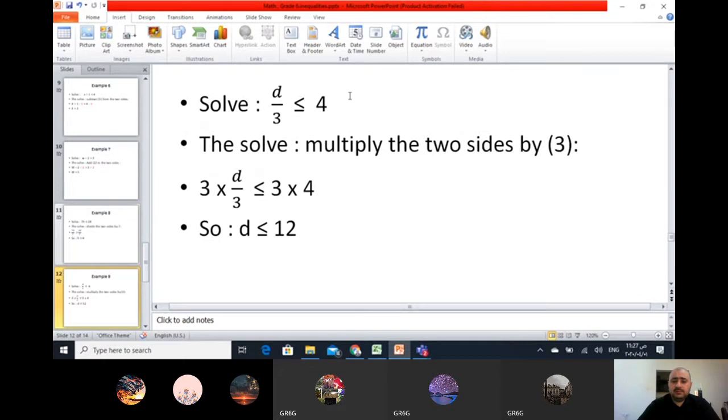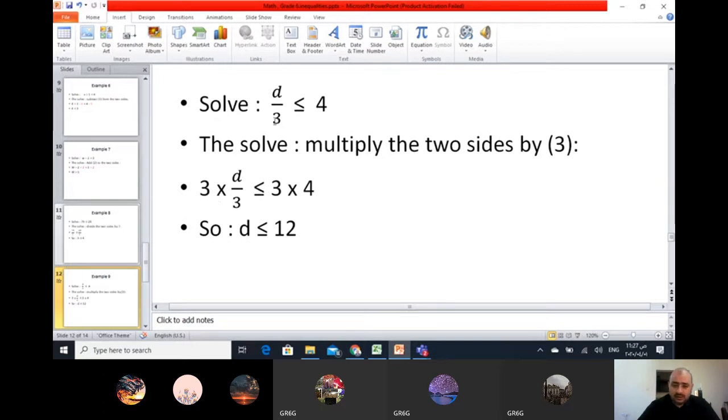In this example, we have this inequality: d over 3 less than or equal to 4. So how to cancel 3 from here? Try to multiply the two sides by 3. So I can write 3 times d over 3 less than or equal to 3 times 4. Why multiply by 3?